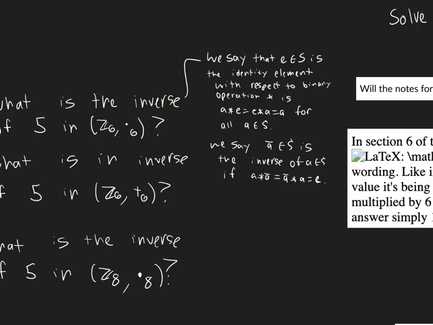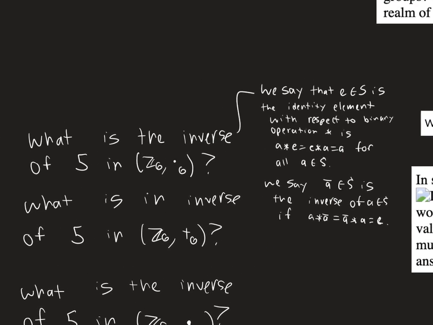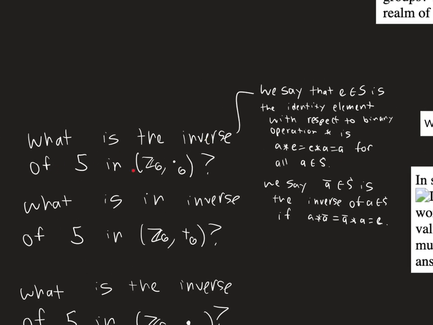So we need to know, first of all, what the identity element is. And then once we know what the identity element is, then we can attempt to find the inverse. All right. What is the inverse of 5 in Z6 with this weird multiplication? To first think about the inverse, we need to find the identity.